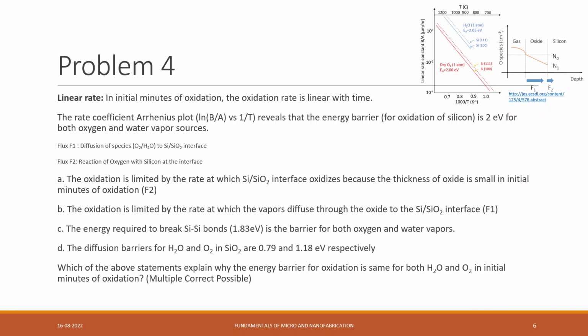Going with the first statement: the oxidation is limited by the rate at which the silicon oxide interface oxidizes, because the thickness of oxide is small in the initial minutes of oxidation. We are dealing with the initial minutes of oxidation, so we have to see which one is the rate determining step.